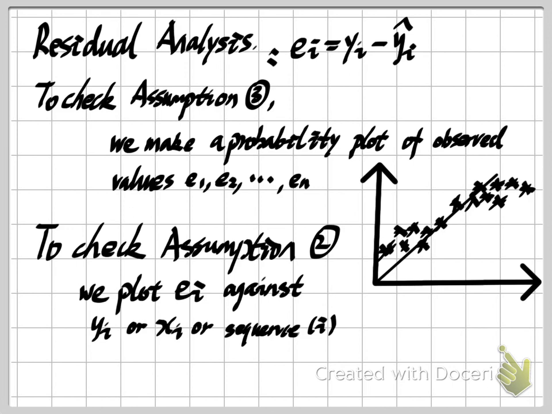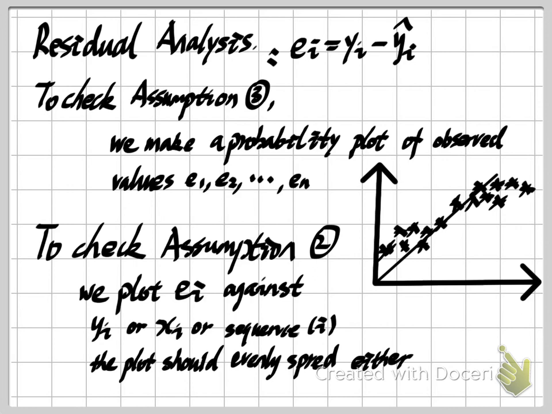So the e_i should look very even, evenly on both sides of the horizontal x-axis. Because if it's above the horizontal axis, it means we have a positive value, and then our true value y_i is larger than our estimator y_i hat.